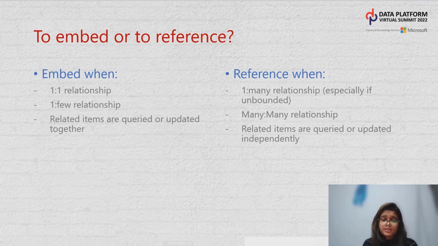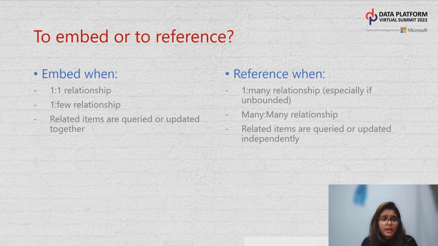Apart from this, a general criterion is that whenever two items are queried together, updated together or created together, they should belong to the same document. And inversely, if the documents are independently created, independently updated, or even independently queried, they should reside in different documents. These are not strict rules, just guidelines.